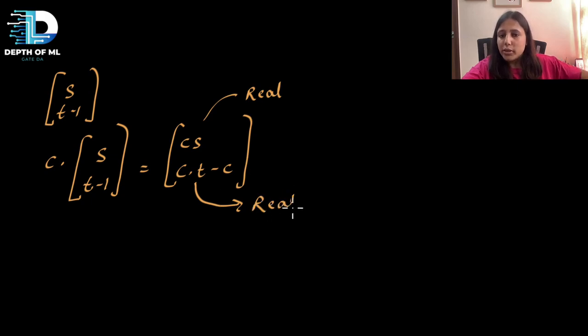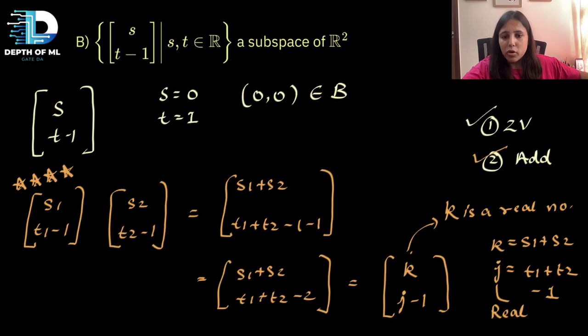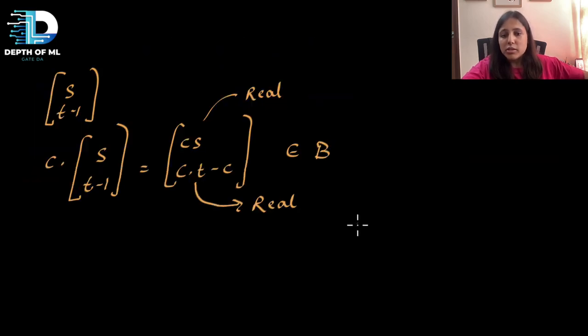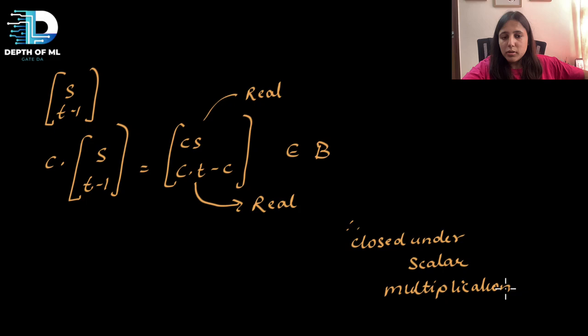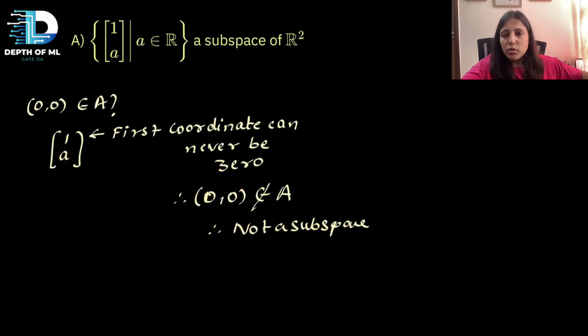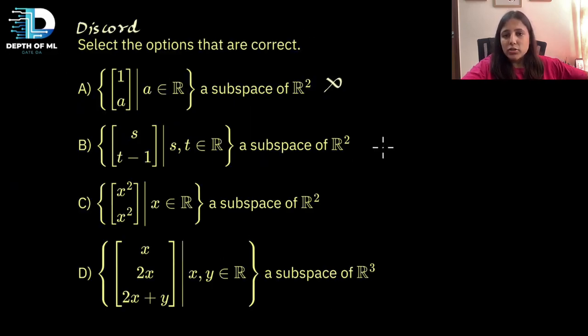So this also belongs to option B, or set B. Therefore, this is closed under scalar multiplication. Fine. So this B is actually a valid vector subspace.